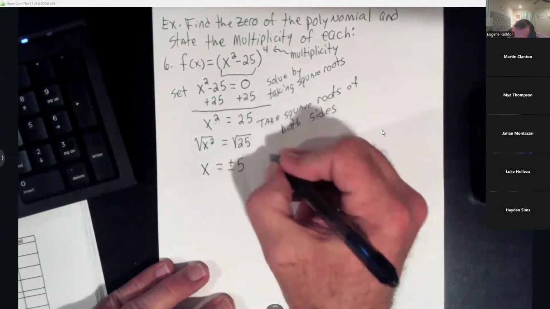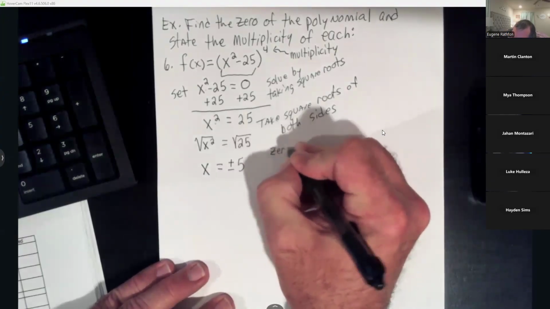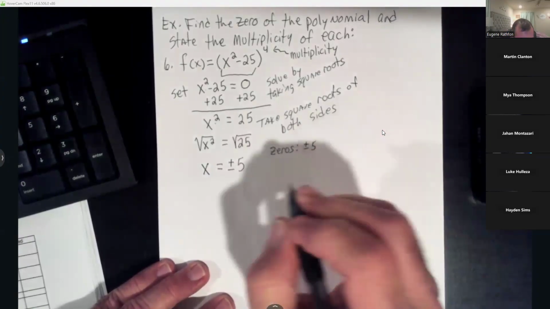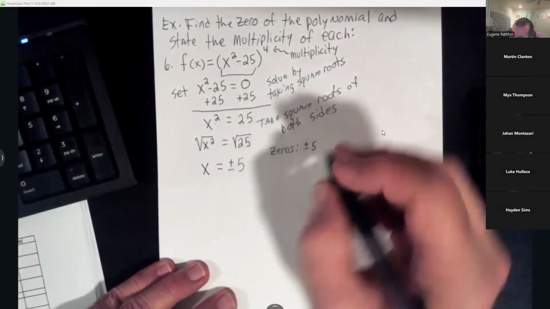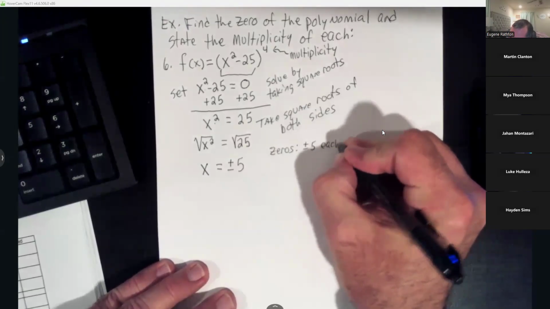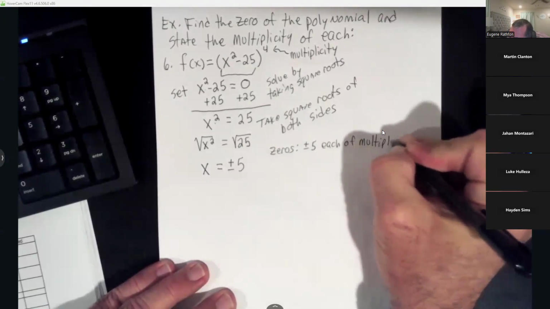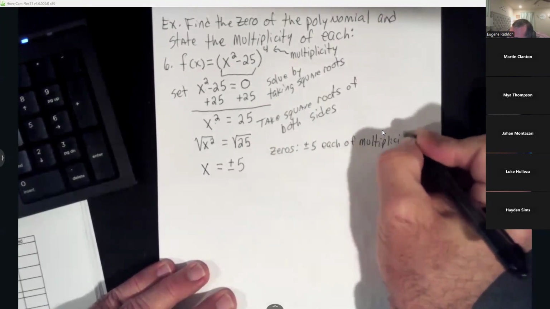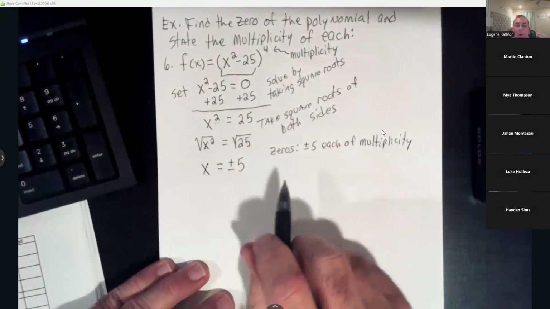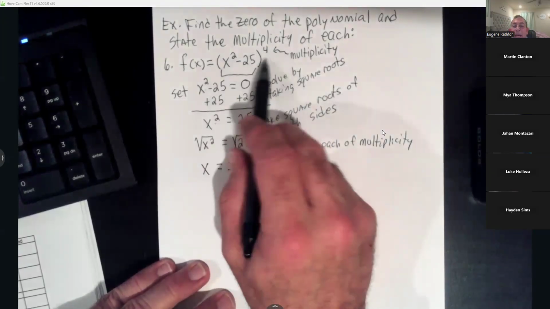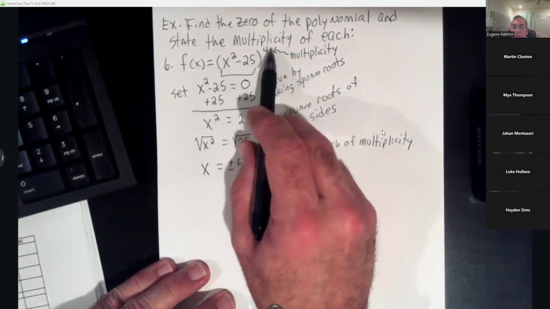So y'all on MathLab, I would pick the one that says the zeros are a plus or minus 5, each of multiplicity. Well, what's my multiplicity? Well, right here, I said this exponent outside those parentheses was my multiplicity.